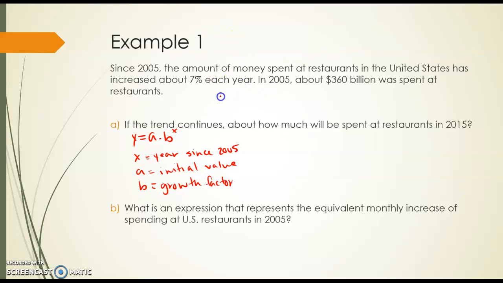So when we look at this, we increase about 7% each year. So that means that b is going to equal 0.07, because that is the representation of 7%. We are increasing by that much. But we actually have to be greater than 1 to be a growth, so it's 1.07.